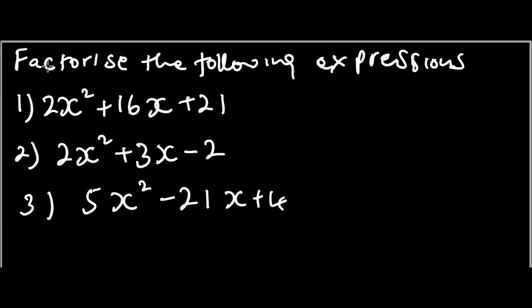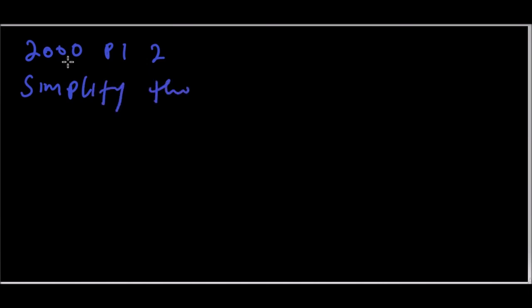Let me give you some 2 questions from the KCSE past papers. So these questions are from KCSE past papers. So this is for 2000 paper 1, question number 2. You are told simplify the expression.